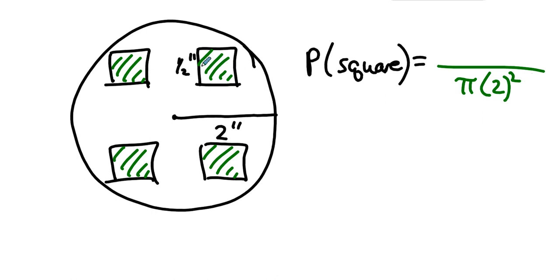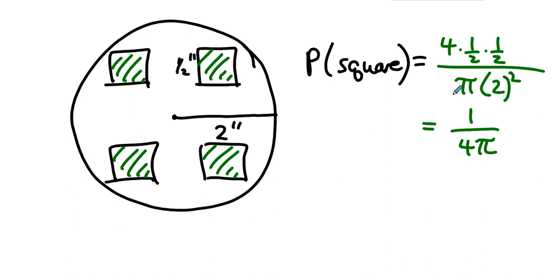So then the area of each of these squares, well, each of these squares is 1/2 times 1/2 inch, and there are 4 of them. So that's 1 out of 4 pi. About how big is that? It's about 1 in 12, a little bit less than 1 in 12. So again, not very good odds, not a very high probability.